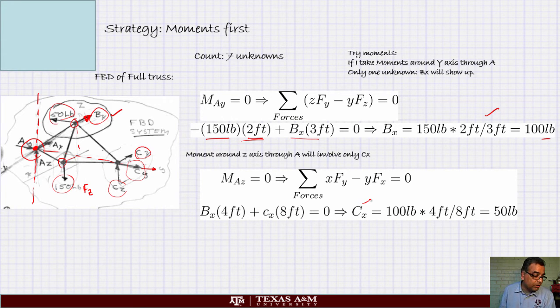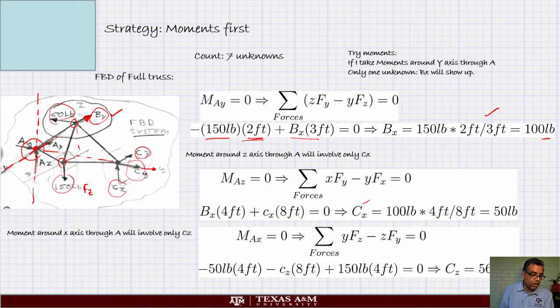Okay. What else could you do? Well, I have already taken z moment, I have already taken y moment. Let's take x moment, and then I'm going to take moments around this axis. If I take moments around this axis, all of these things are off axis forces, but only some of them will show up, and it's pretty easy. I got Cz.